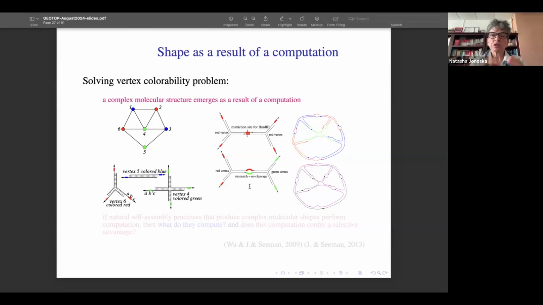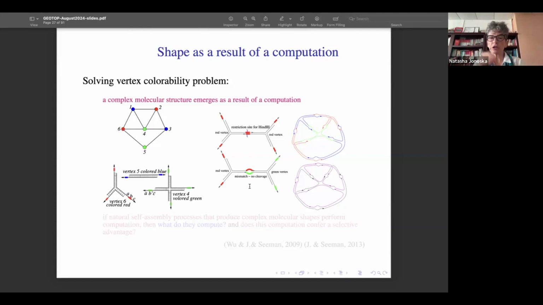So the whole process ended up like this. You design these molecules, 3 copies per vertex, for the 3 colors. We put everything in the test tube, wait a little for the self-assembly to take its course, and apply the 3 enzymes.